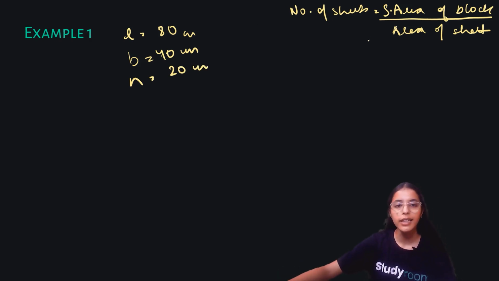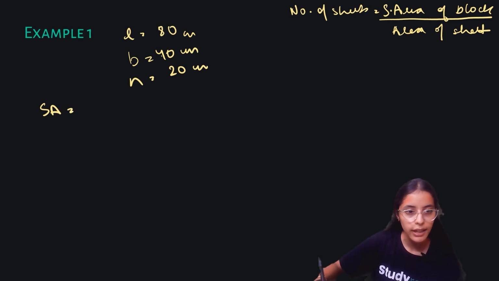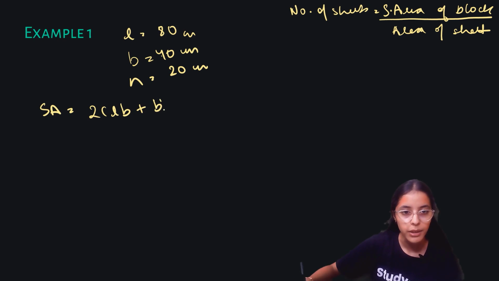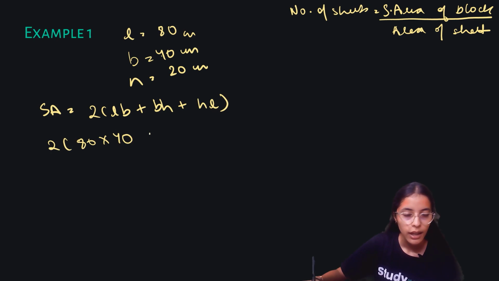To find the surface area, we'll substitute these values in the formula. The surface area of a cuboid is 2 times (L into B plus B into H plus H into L). So we substitute: L into B means 80 into 40, then B into H is 40 into 20, then 20 into 80.